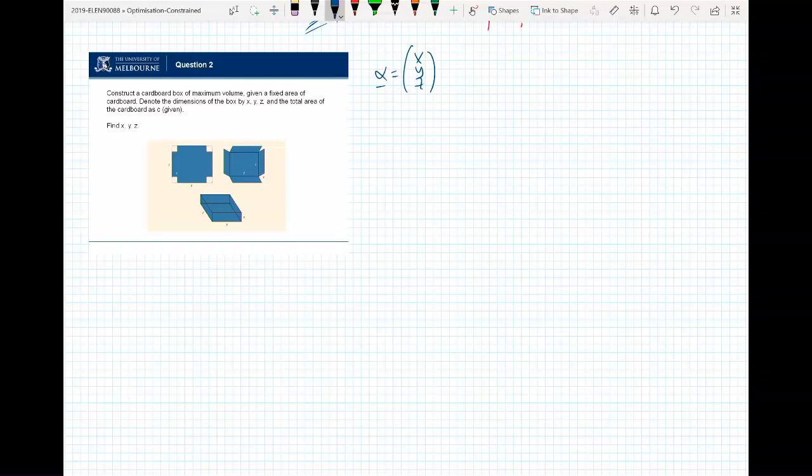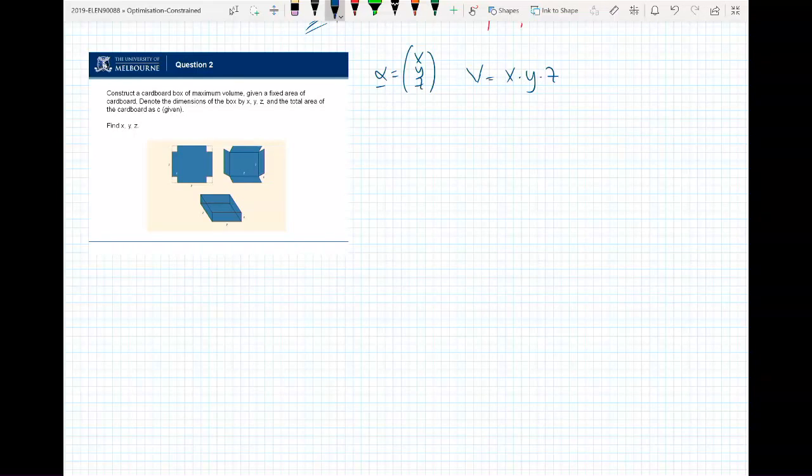So we want to decide on x, y, z. But then what are we trying to do? What's our objective? Volume, right? And what is the volume? Volume is the multiplication of these three because it's a box. In higher dimensions, it would be a hyper rectangle, based on the definition we discussed.